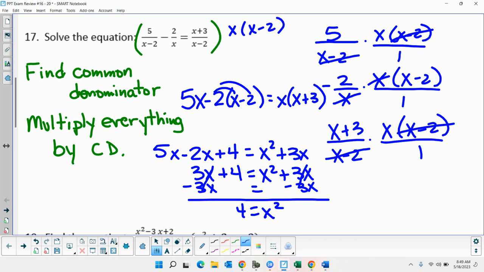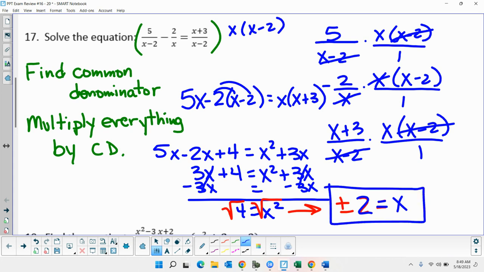What do I do to solve that? Square root both sides, right? And remember, it's plus or minus 2 equals x. Now, you're supposed to check your solutions on these rational equations, these equations with fractions.